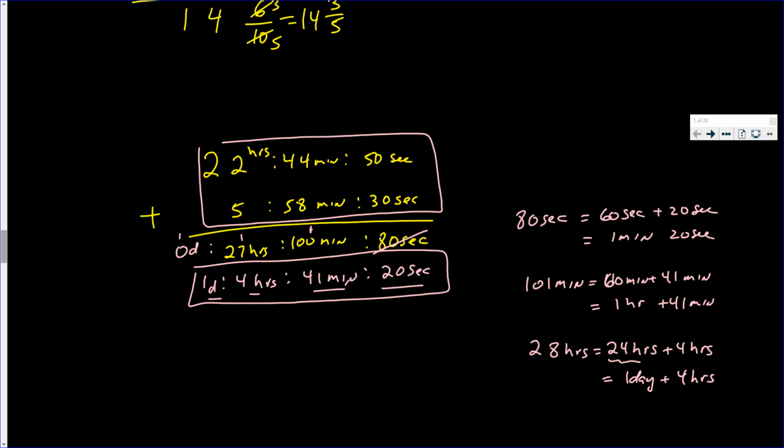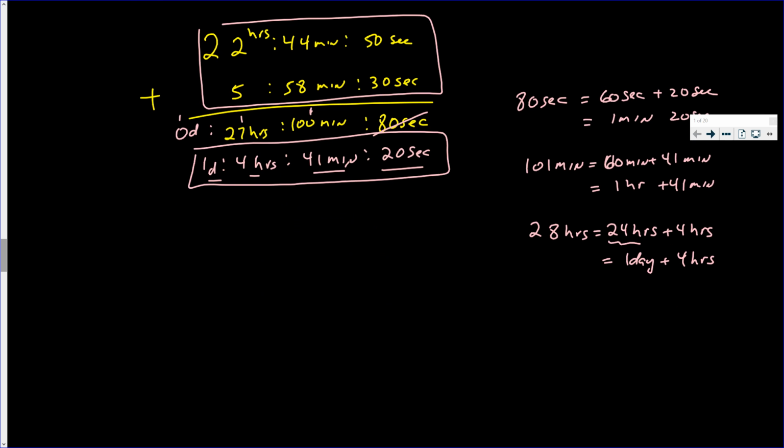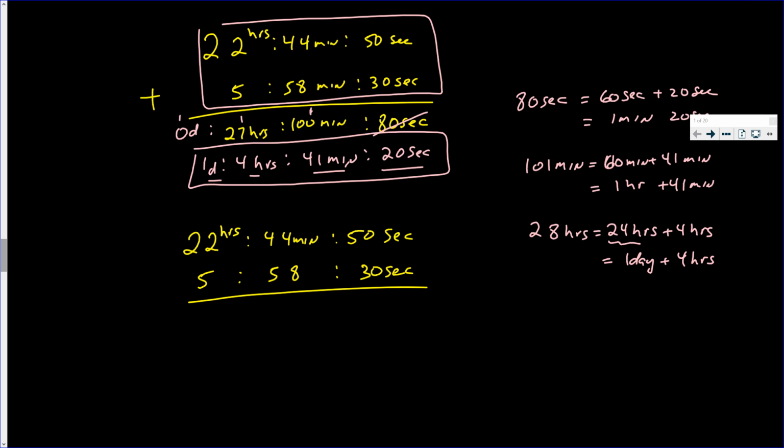Let me just try it one more time. I think this is harder, but it's more conventional. We're going to use the carryover system. That's what we always do. Well, this is 80 seconds. That means I carry over 1 minute, that's 60, and we have 20 seconds left over. This adds up to 103 minutes.